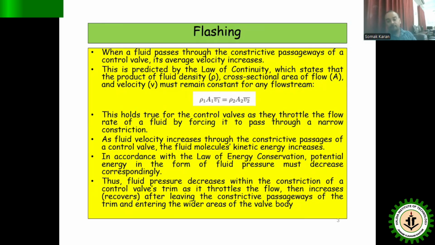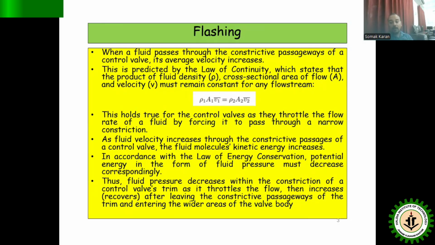Whenever a fluid passes through an orifice or a control valve, the change in pressure and velocity occurs in each and every case because of the restriction or constriction provided by the control valve.